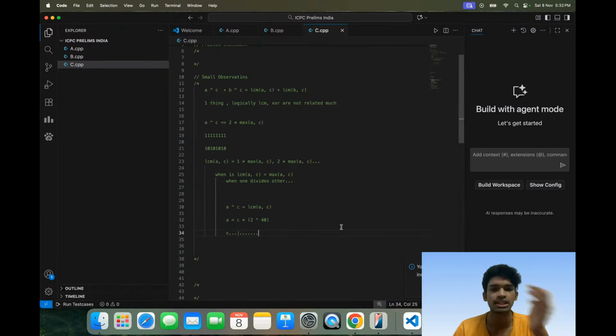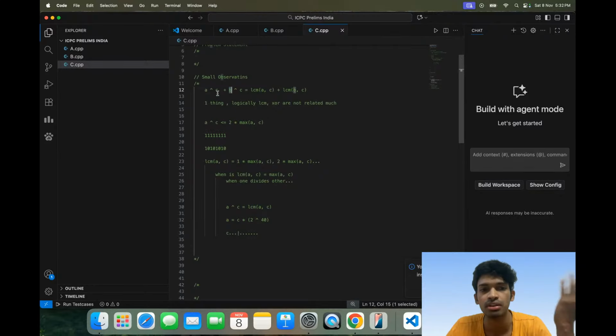Let me try to think of something, because A comma C, B can be anything. They have many possibilities. If 0 comma 0 works, then that's the answer, right? If 1 comma 1 works, maybe that's the answer, right?